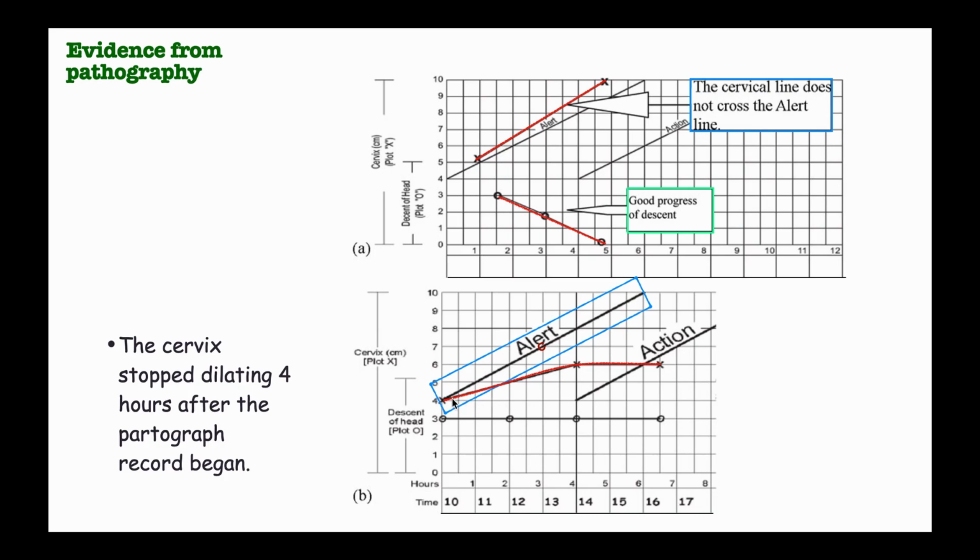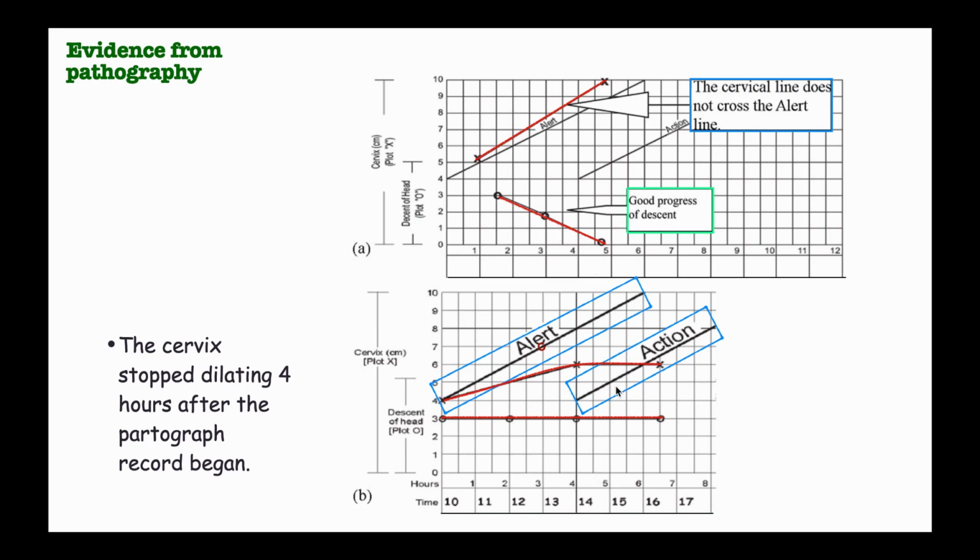Anytime your graph begins to cross the alert line, it tells you that there is an abnormality, and so you must take action before it even reaches the action line. Also, we find that there was no descent of the fetal head over here. So you can see there is a straight line without any descent as compared to the first one.